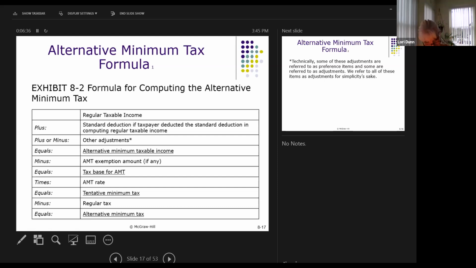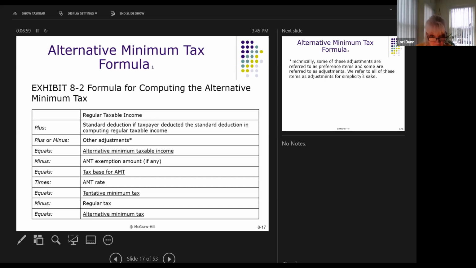Now we're not done. We could subtract from that a tax base, or a tax exemption, I'm sorry, a tax exemption. And that tax exemption is on page 8-11, and these do phase out. So if you're married filing joint, your exemption, so the amount you can deduct here is $113,400.